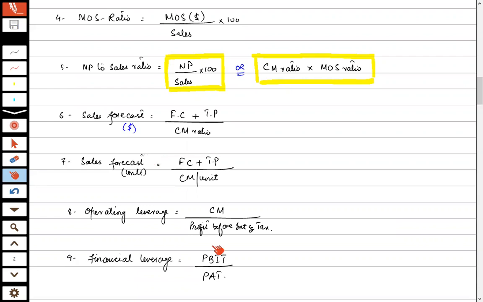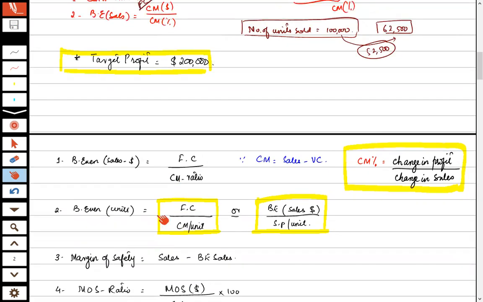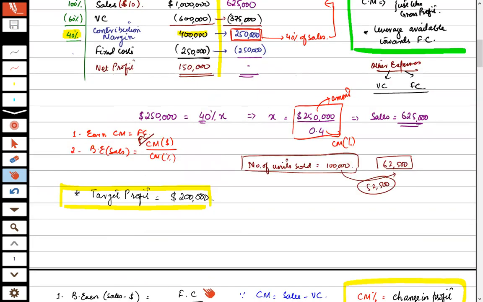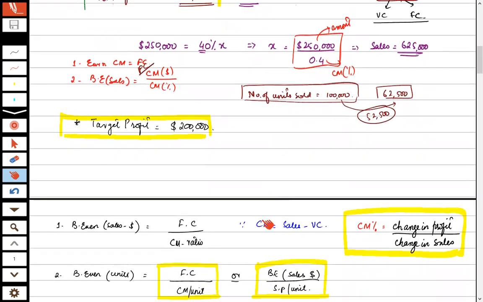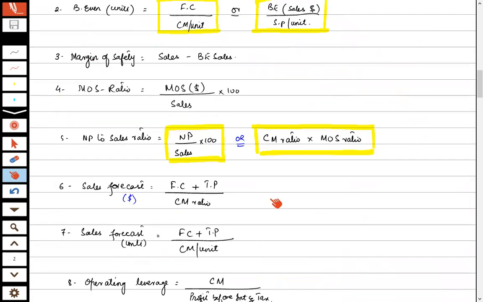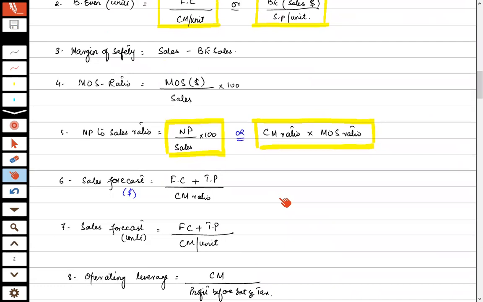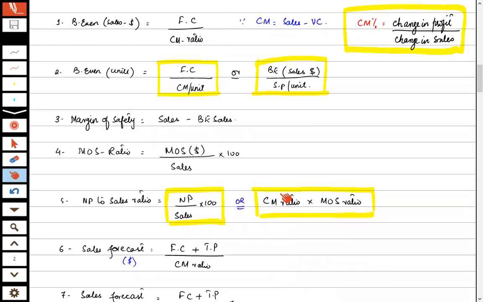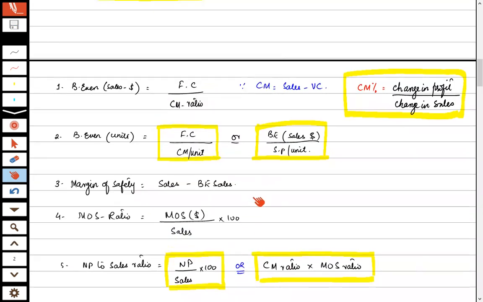Let's assume that this profit is profit before interest and tax. Then you can calculate operating leverage as well. Done. So this was the basic break even. We will now continue for the further aspects of this break even.